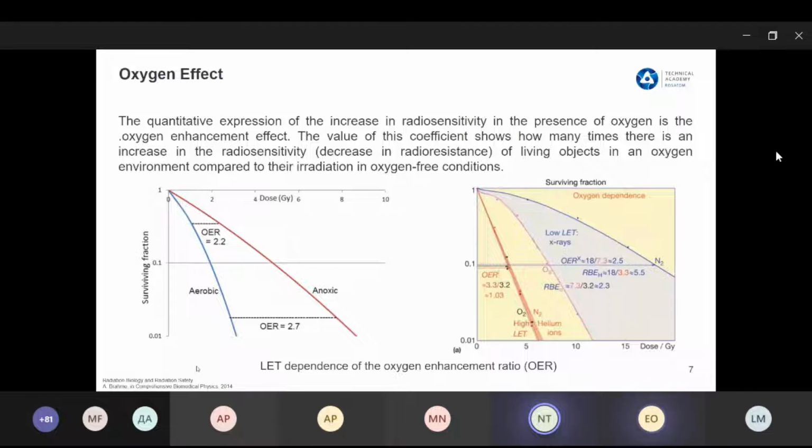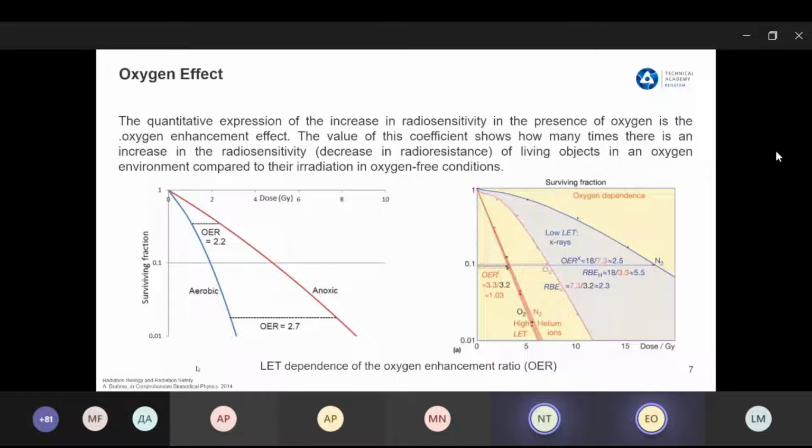Damage fixation consists in stabilizing the damaged structure of the molecule, which makes it inaccessible or difficult to access for the repair system. The lifetime of such oxygen-dependent lesions can be long. For example, in macromolecules, such damage persists for several hours.